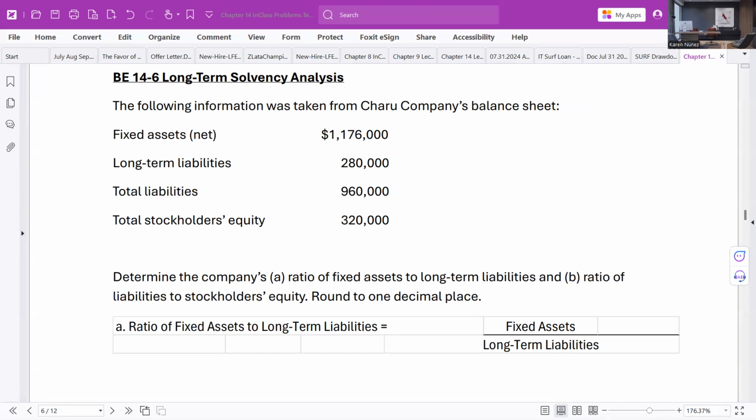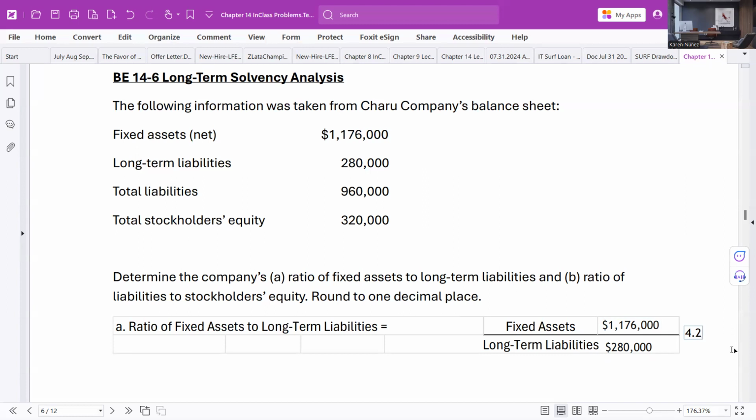So we've got 1,176 in fixed assets, and we've got liabilities of $280,000. That means we've got a ratio of 4.2 to 1. For every dollar we have in long-term liabilities, we've got $4.2 in fixed assets. That's what that ratio tells us.